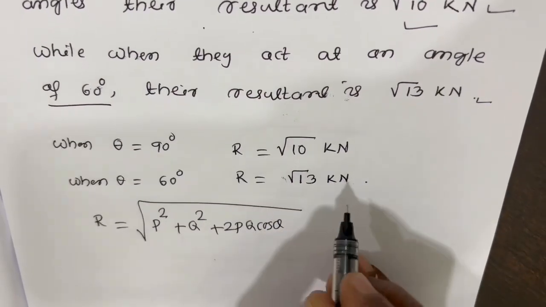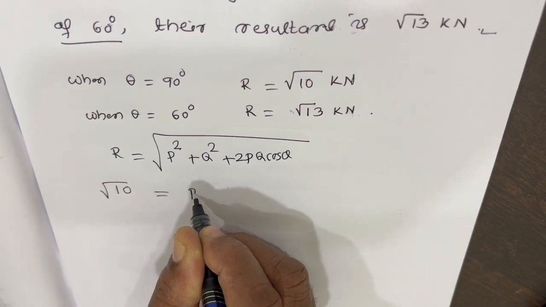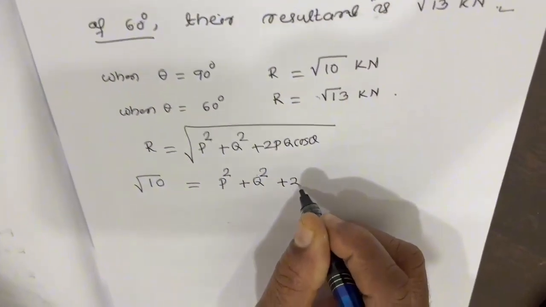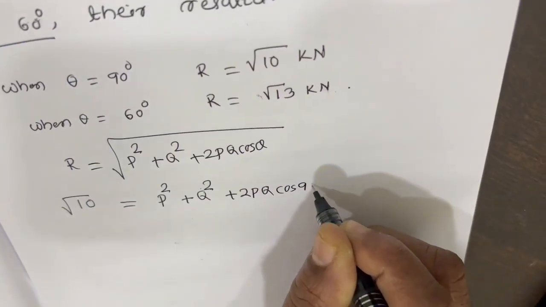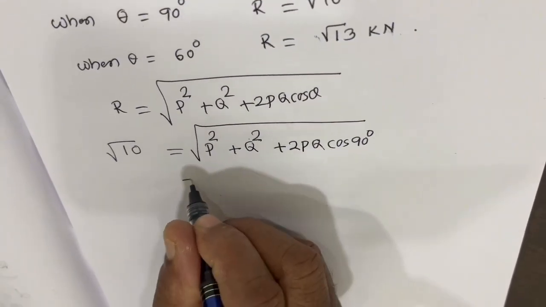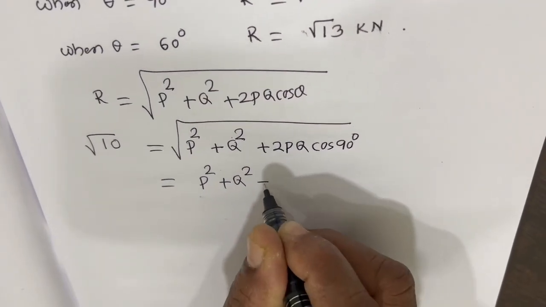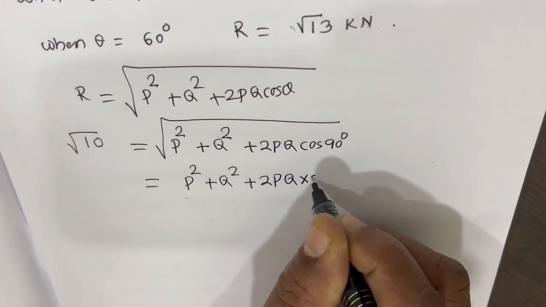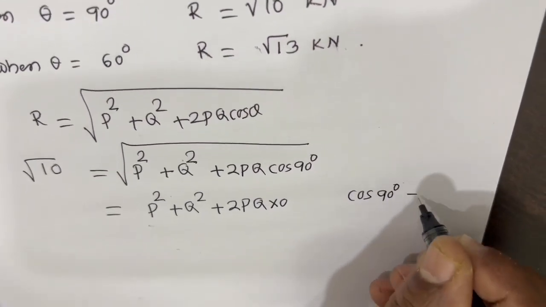Then putting all the values, root 10 is equal to root over P square plus Q square plus 2PQ cos 90 degree, or P square plus Q square plus 2PQ into 0, because cos 90 is equal to 0.